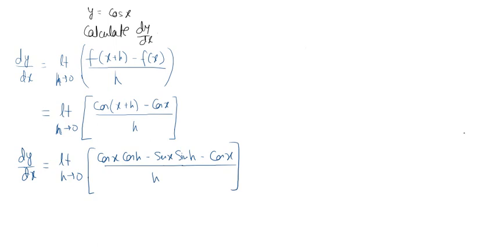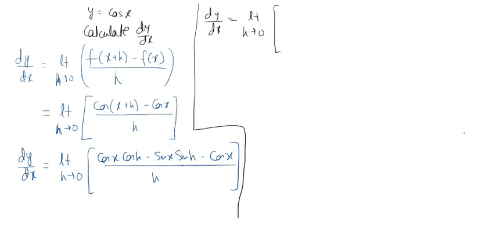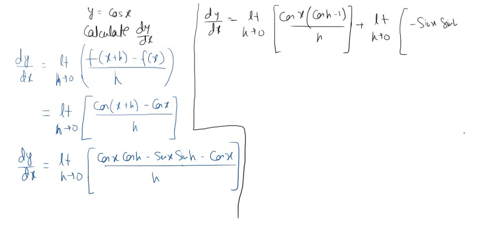So what I can do here, I can separate these terms. Okay, so dy by dx can be written as limit h tending towards 0 cos x into cos h minus 1 by h plus limit h tending towards 0 minus sin x into sin h by h.